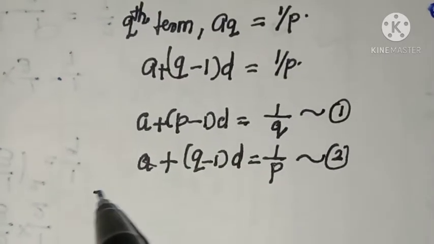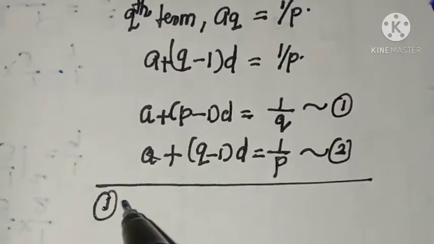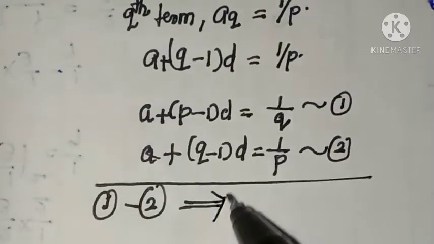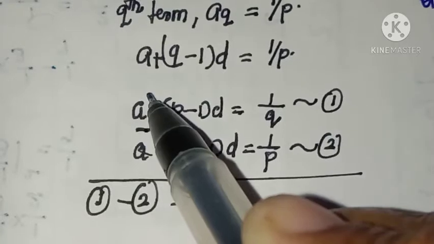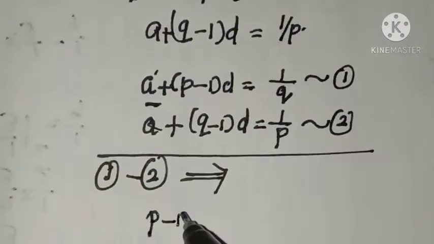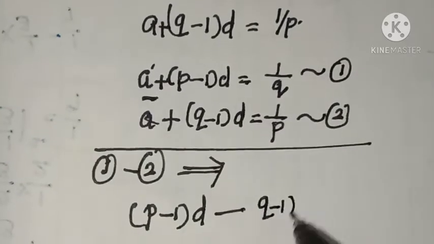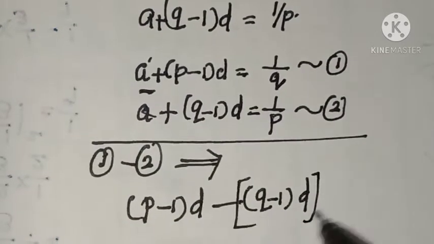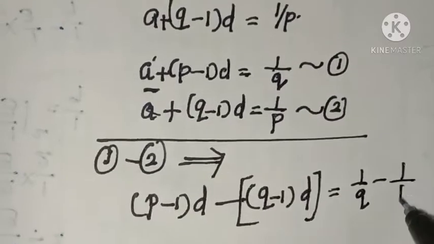So these are two equations in a and d. Now we are going to solve them. Simply subtract the two equations, equation 1 minus equation 2. A minus a becomes 0. Now (p minus 1) into d minus (q minus 1) into d, after this minus put a bracket, is equal to 1 by q minus 1 by p.